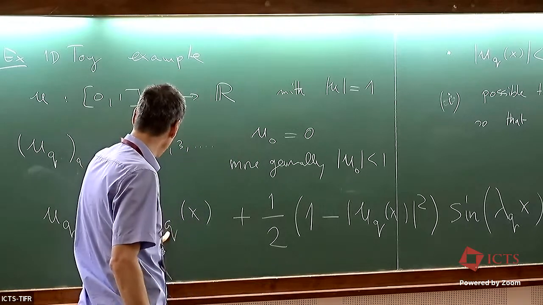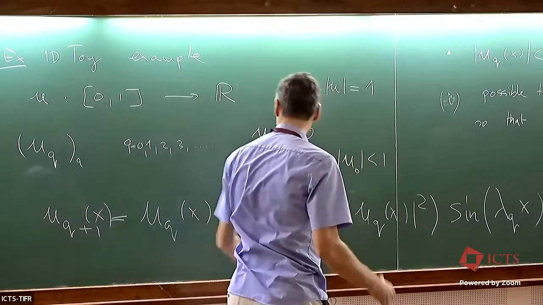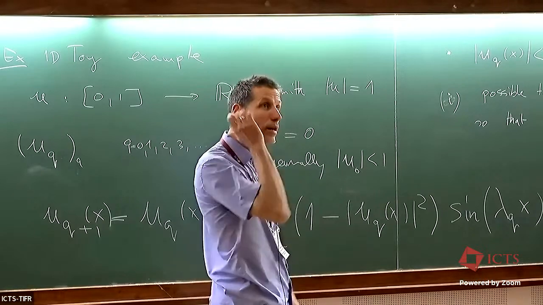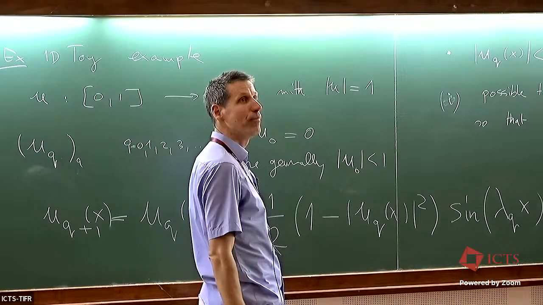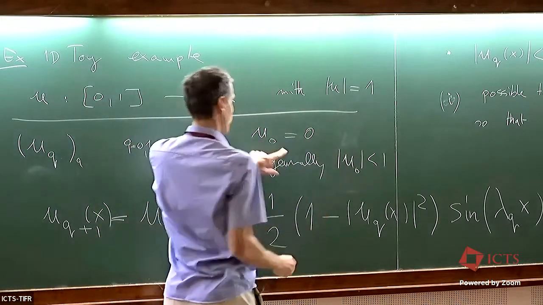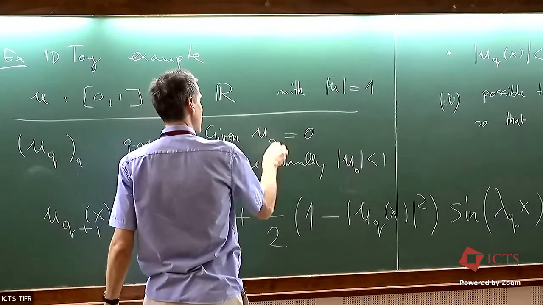So if q is 0, then this is u_1, the formula for u_1. It involves u_0. u_2 has u_1, and so on. I'm starting with a given function u_0, and the scheme is independent of u_0.